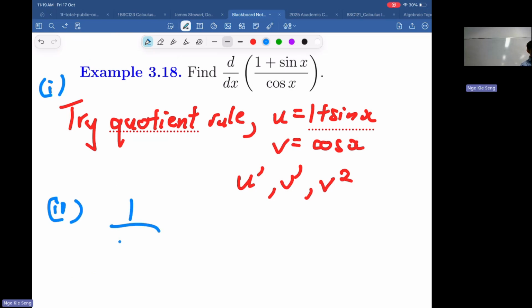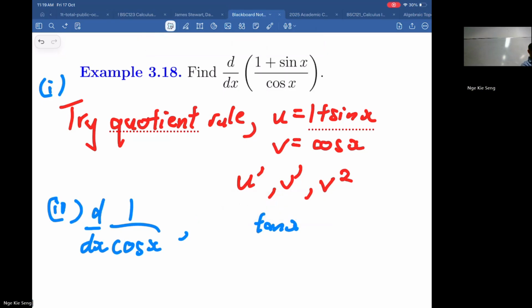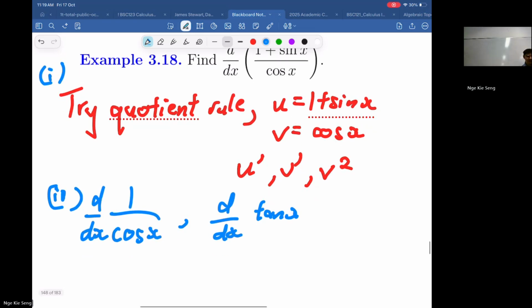What if you know how to differentiate 1 over cos x? What if you know how to differentiate tangent x? If you can do these two, then you can do the separation, term by term, using the linear rule.